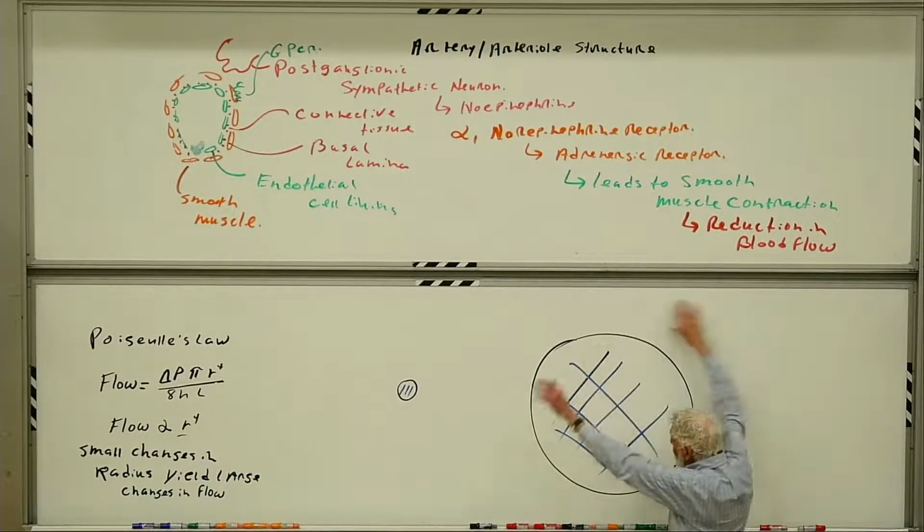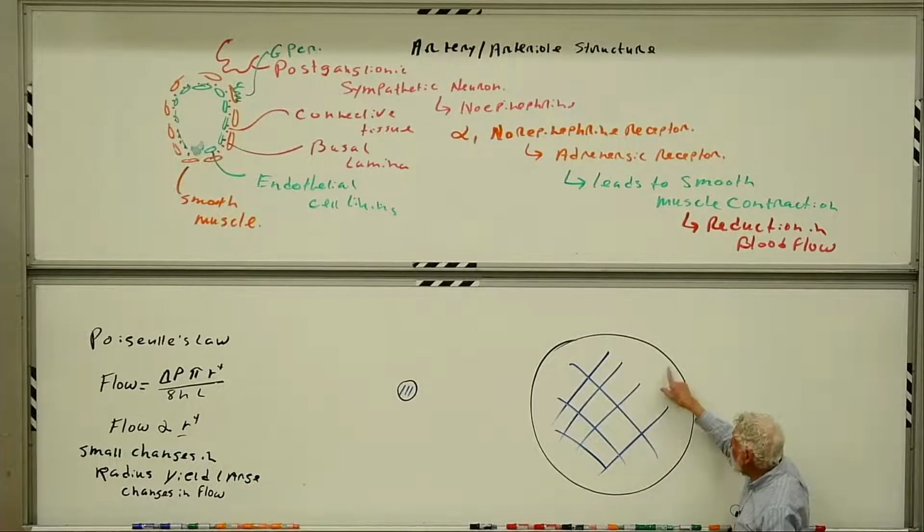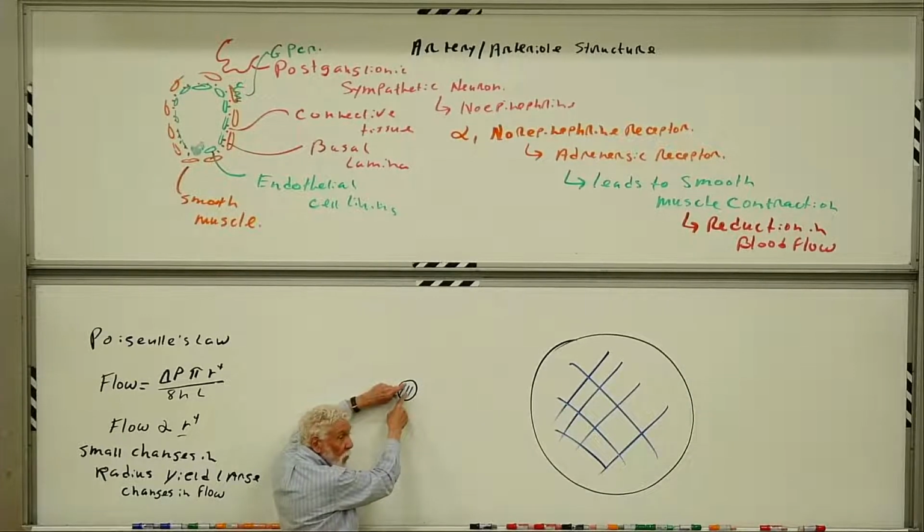So if you get a great big tube, then you have a fairly small proportion of that fluid which is interacting with the wall with high friction. But if you make a small tube, you have much greater proportion of that fluid against the wall of the tube. It's harder to get the fluid through the tube.